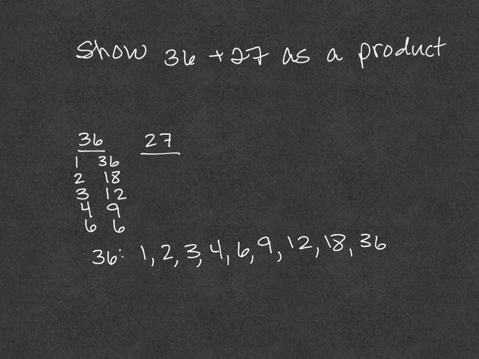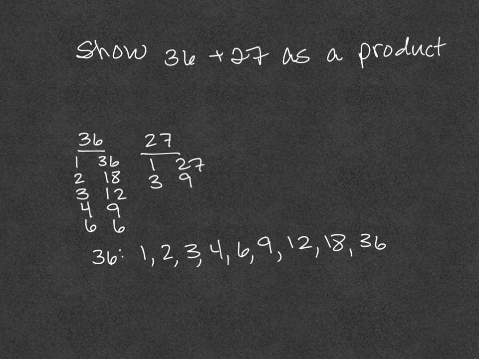Let's look at 27. I can do 1 times 27. 2 won't go into 27 because it's odd. 3 will. 3 times 9. 4 will not. 5 will not. 6, 12, 18, 24, no. 7, 14, no. 8, no, that's it.